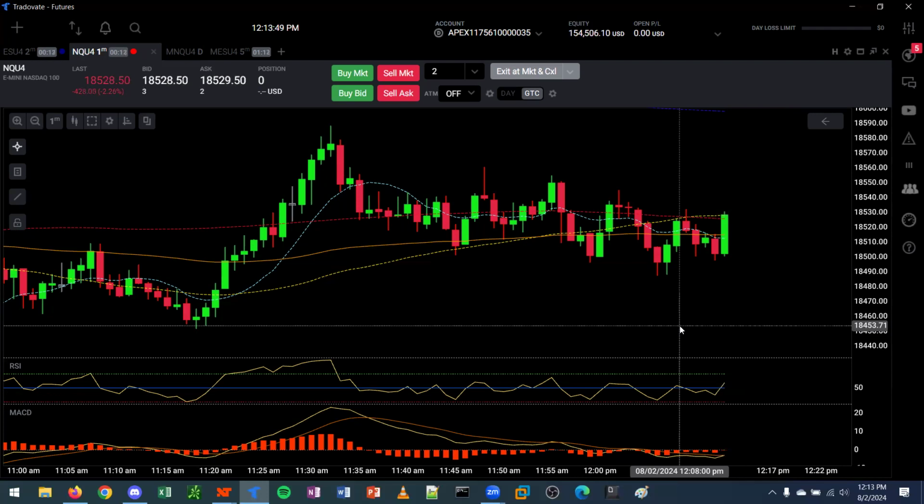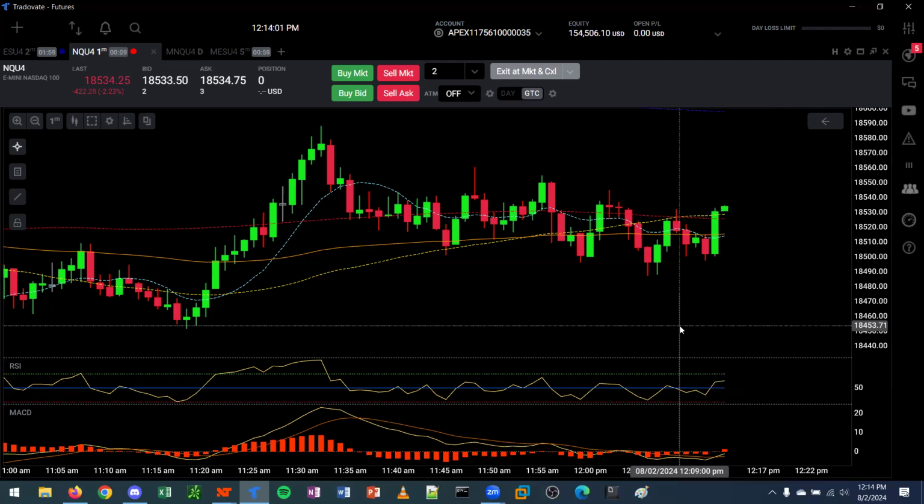I wouldn't be looking for a short play because for some reason my eyes or my brain could not look at short. I couldn't see lower highs, even though I can see it on the chart, but my brain couldn't interpret it: hey, that's a lower high, you should get in short.